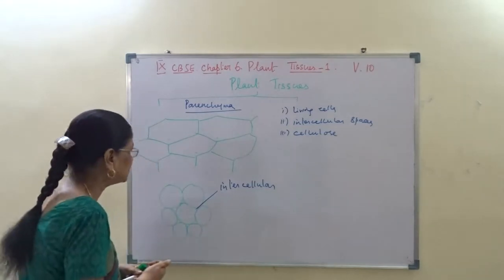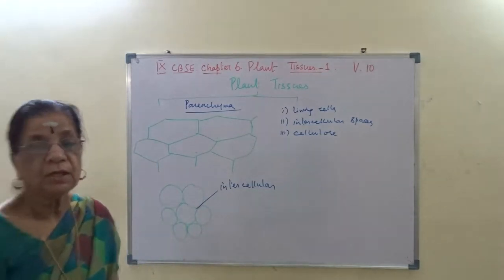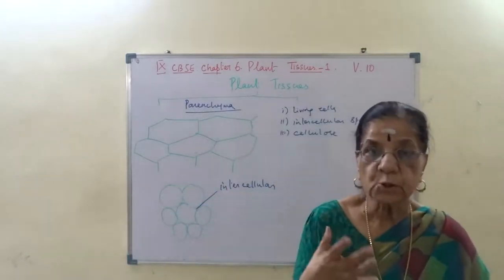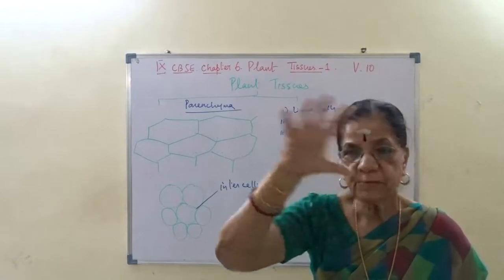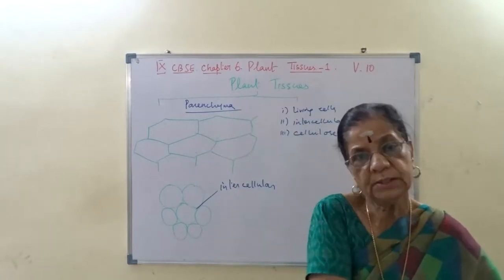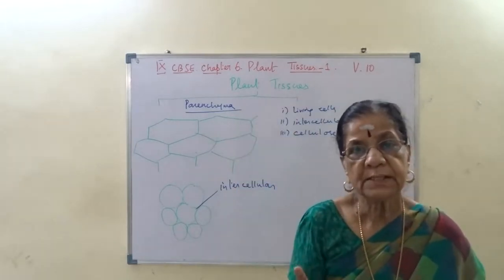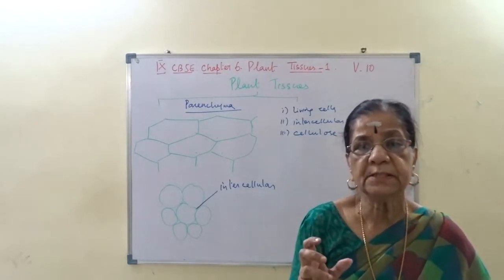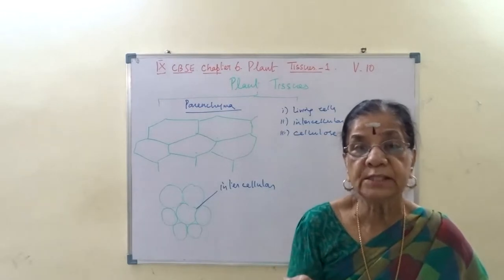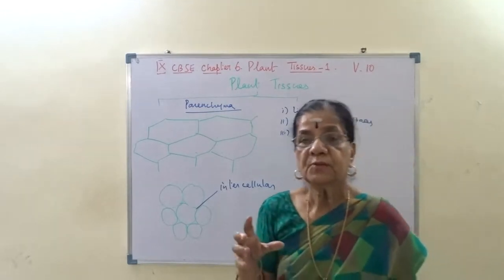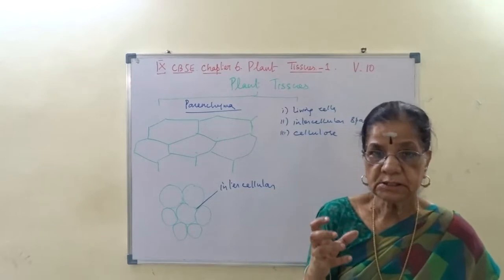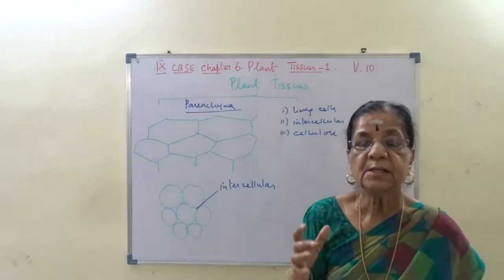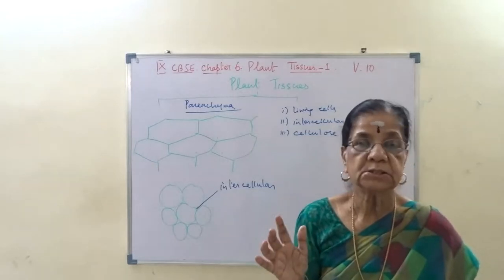This parenchyma tissue gets different names depending upon its location. Wherever we find these tissues in plant parts, they are parenchyma tissue, but they get different names based on location. The first formed tissue differentiating from the meristematic tissue is a normal parenchyma tissue.